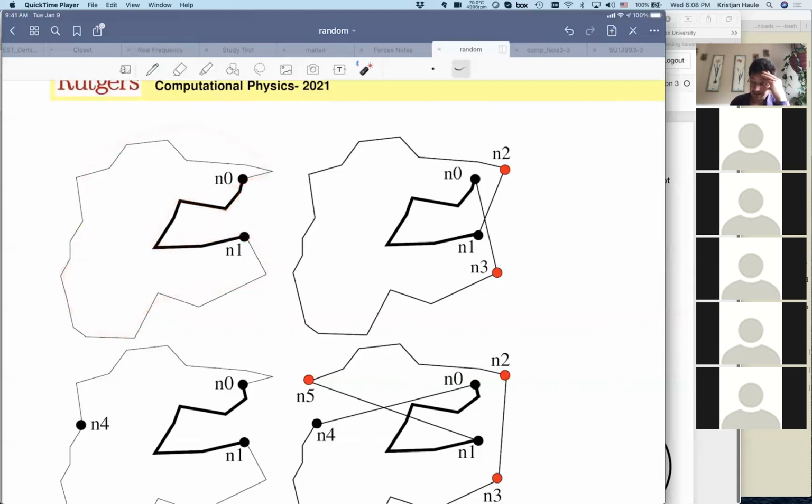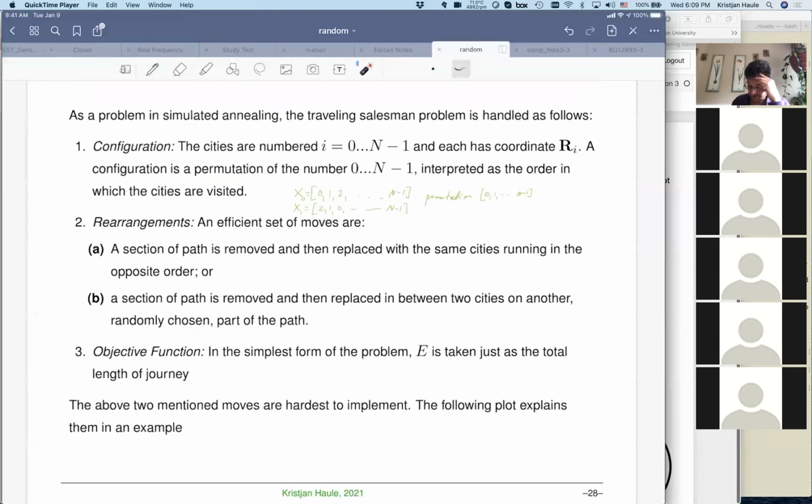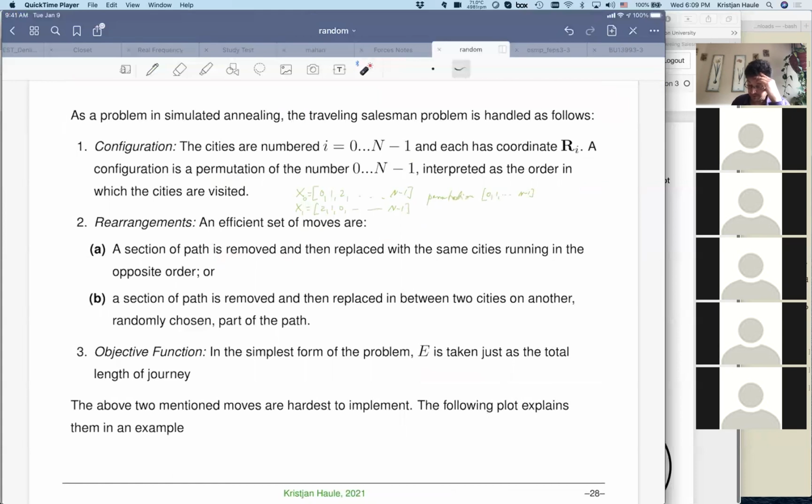Then I randomly choose two cities, let's say n0 and n1, any two cities, by choosing two integer numbers which correspond to two cities. And then I look at the path between these two cities. There always should be a path between any two cities. Then, as I said, a section of path is removed. So we remove this section and then we replace it with the same cities running in the opposite order.